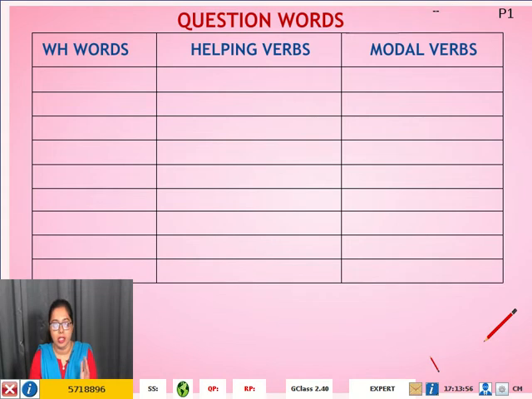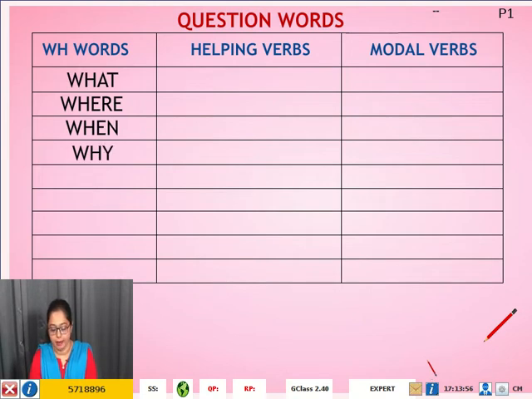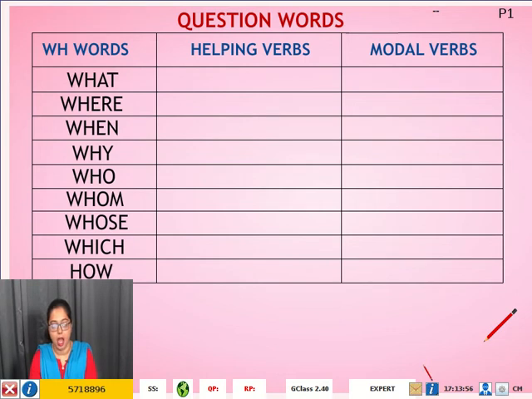So first let us know what WH words are. As you can see on the screen, WH words are what, where, when, why, who, whom, whose, which, and how.